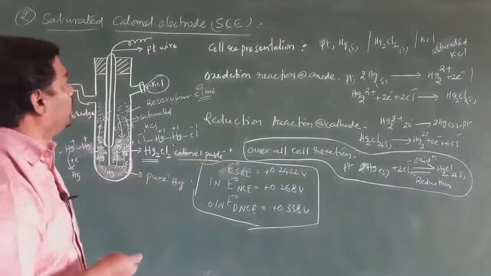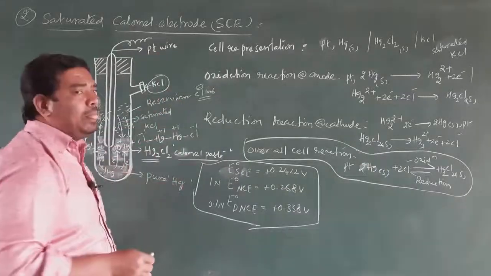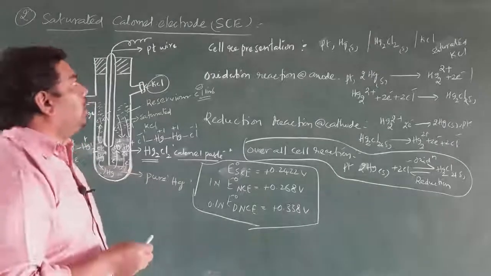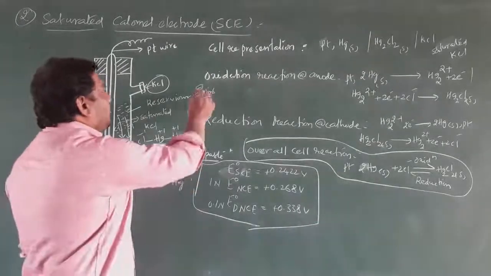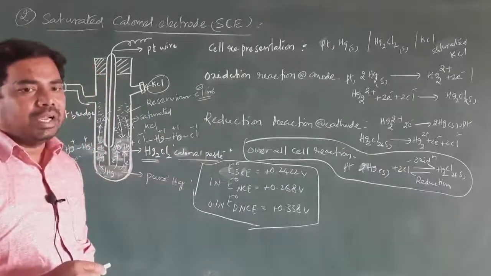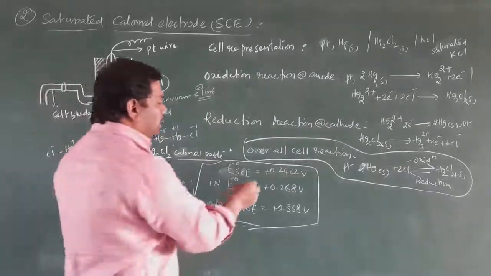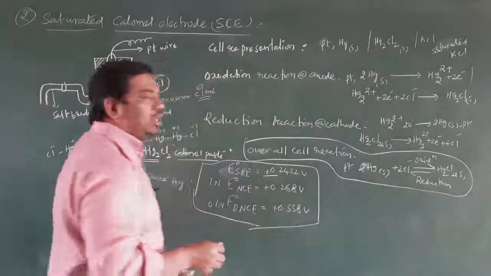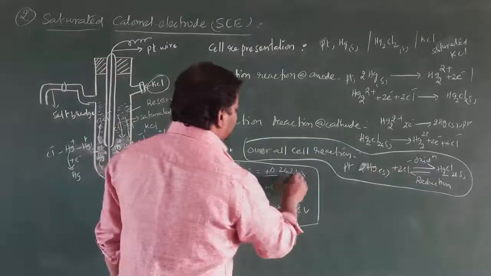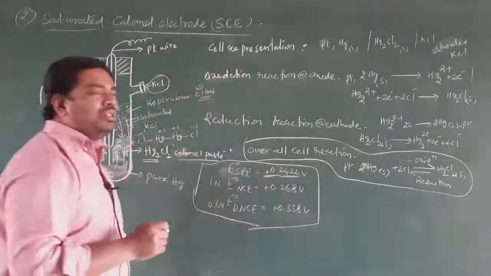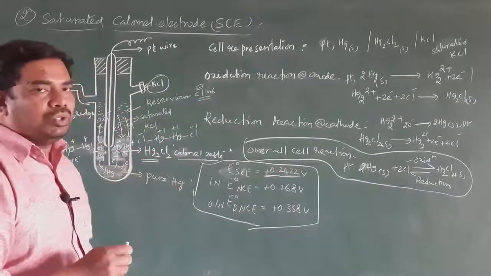Clear, student? Please remember, the electrode potential of the calomel electrode depends only on the concentration of Cl minus ions. Here we are taking saturated potassium chloride solution. The standard reduction potential value is equal to plus 0.2422 volts.